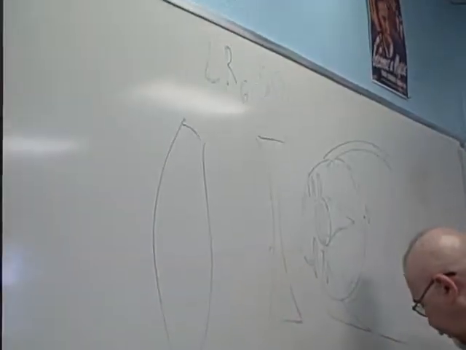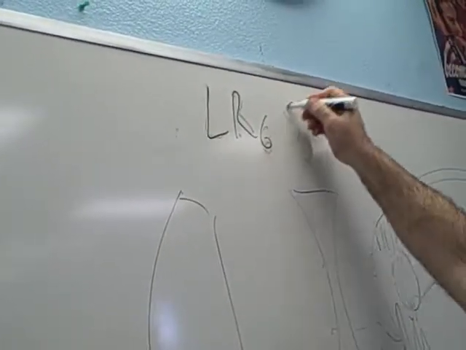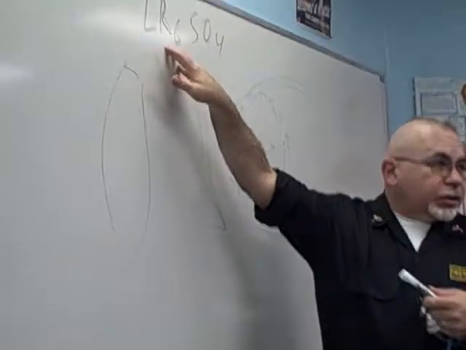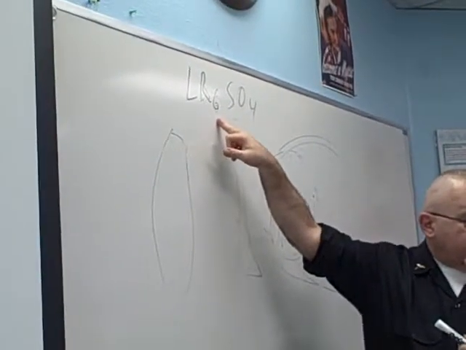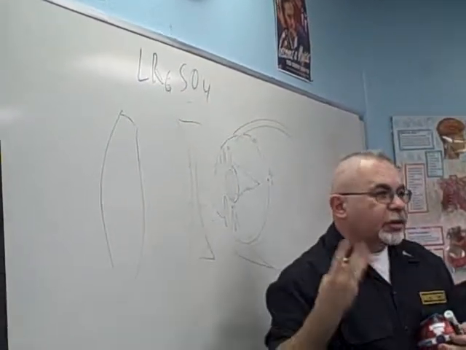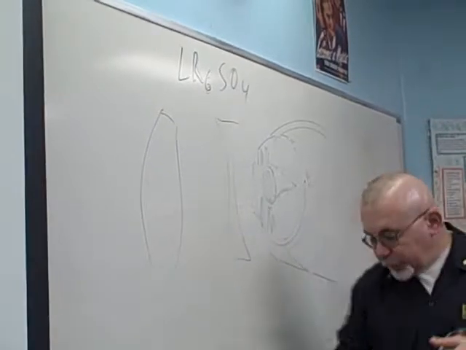Let's do it again. LR6SO4, which means lateral rectus, cranial nerve 6, superior oblique, cranial nerve 4. The rest of them, cranial nerve 3. It's simple, yeah? Makes sense? Good.